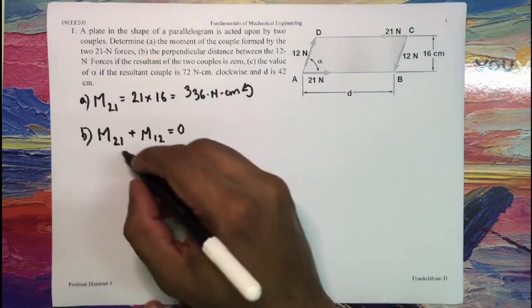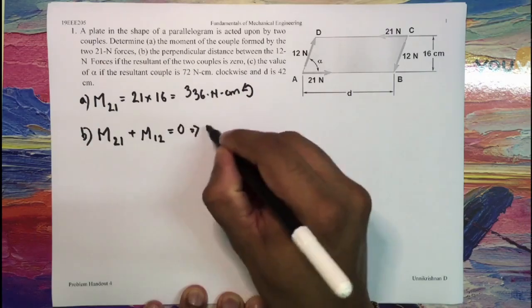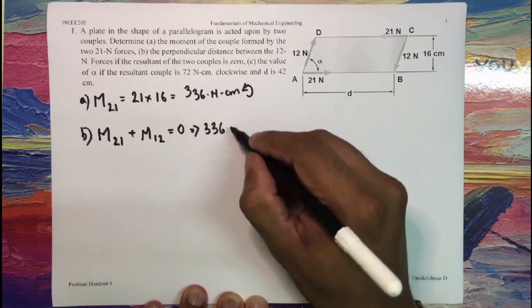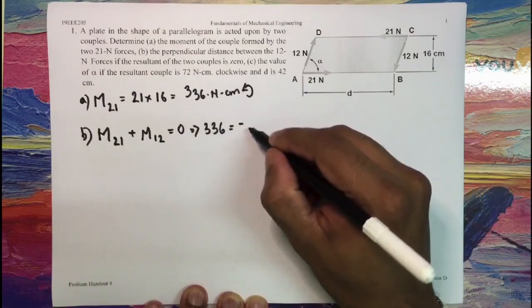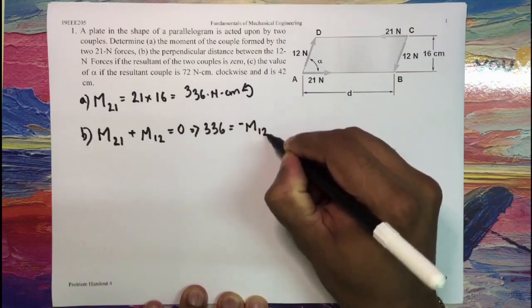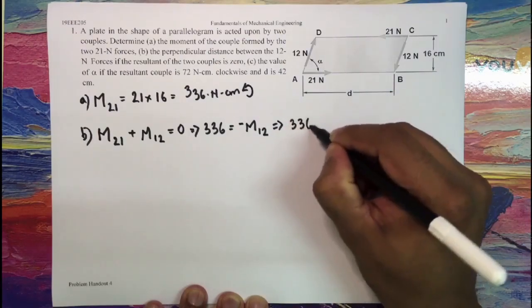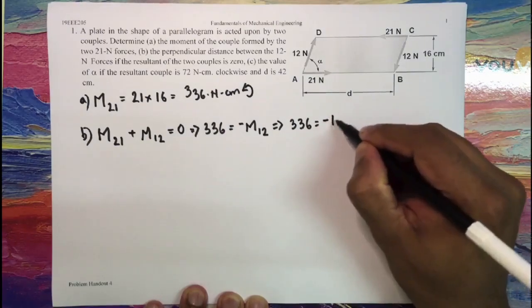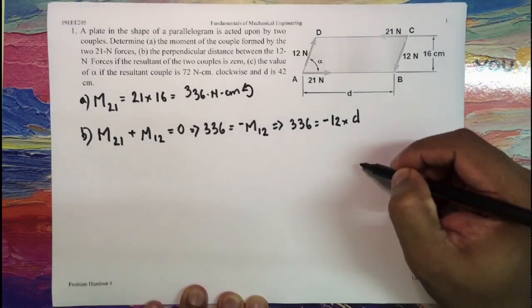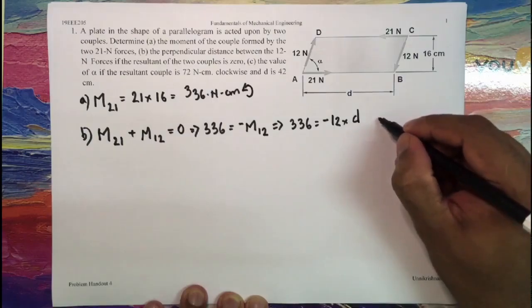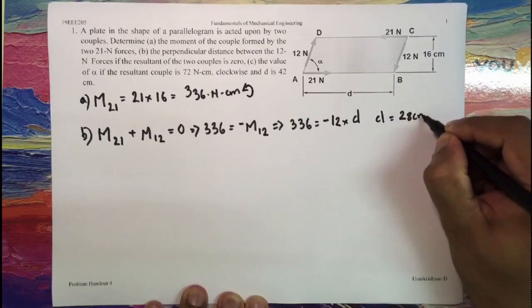So let us simplify it. Let us substitute things. So I get 336 Newton centimeters is equal to minus M12, which implies I get 336 is equal to minus 12 into the perpendicular distance D. So from this I get my perpendicular distance D to be equal to 28 centimeters.